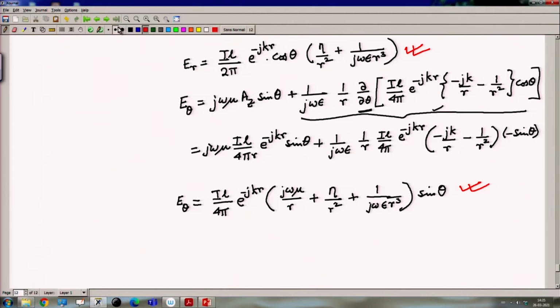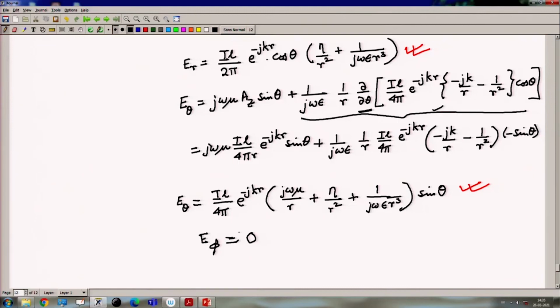Finally, E phi is 0 because A does not have any component along the phi direction.